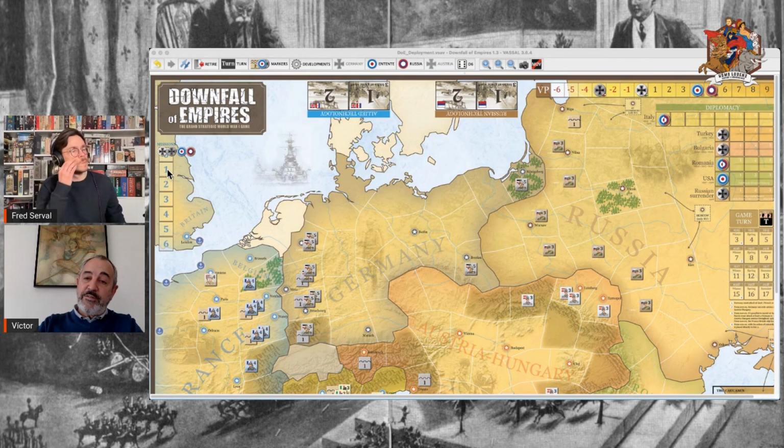If you don't have tanks or planes, you can only do 5 things: recruitment, activation, research, entrench, and diplomacy. And after knowing that, the most important thing is to know how the combat system works. But I think the combat system we will see when we play the turns. Yeah, I think so. Sounds good.